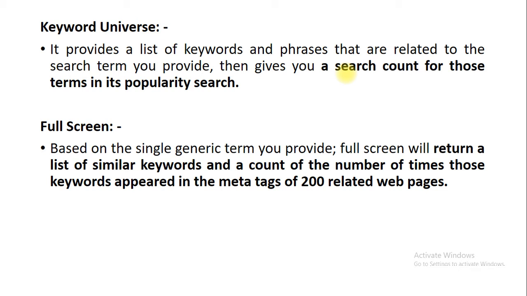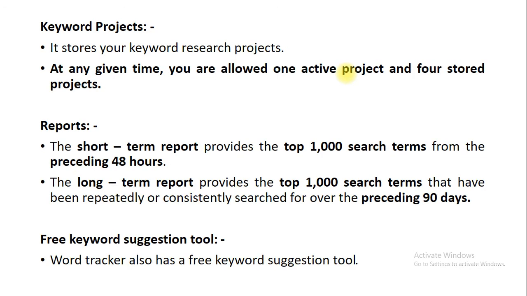Full screen is nothing but how many times a particular keyword has occurred on a particular page. So it will search into the meta tag and it will search up to 200 related pages. Keyword project: you have one active project and 4 stored projects inside the keyword research project.